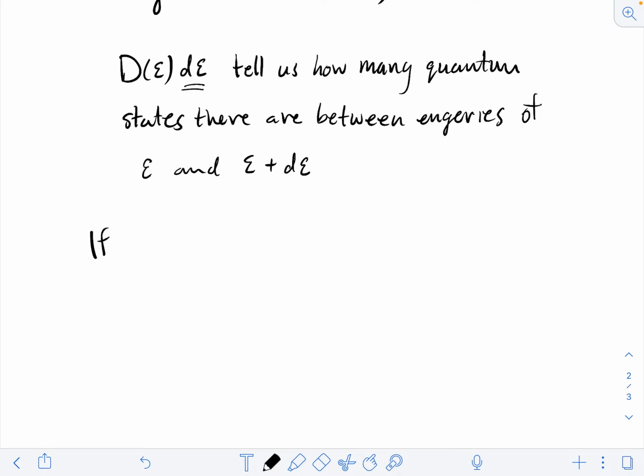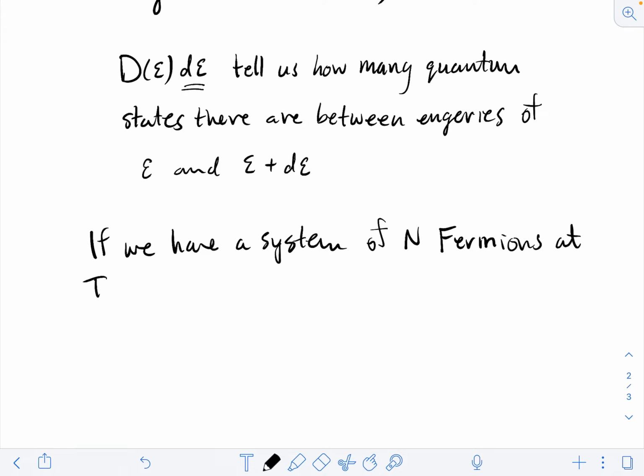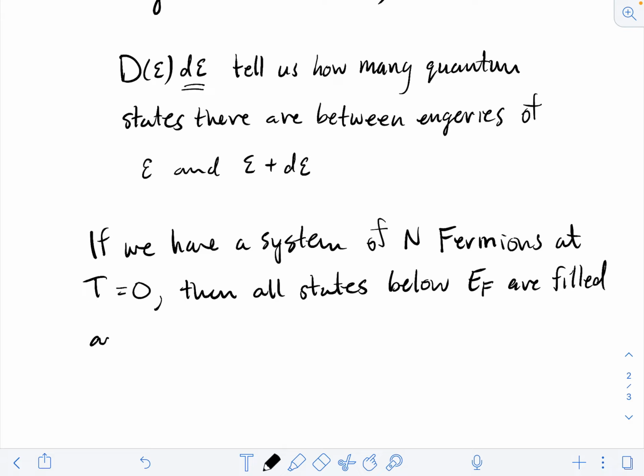So if we have a system of N identical fermions at T equals 0, then all states below the Fermi energy are filled, and all states above the Fermi energy are empty.